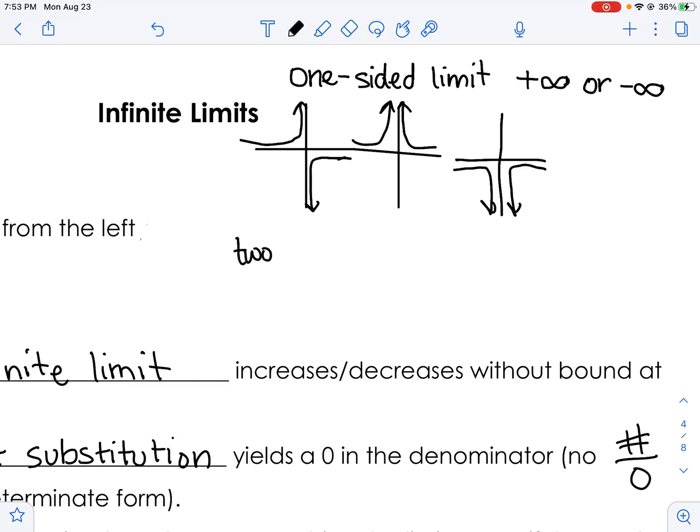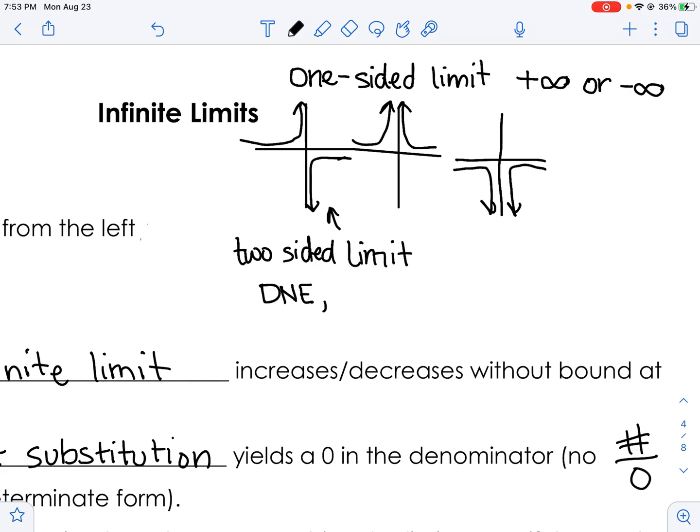But when we look at the two-sided limit, this is where it gets a little bit trickier, because we no longer just have two options, we have a third option. In this first example, if my limit from the left is not equal to my limit from the right, then the limit does not exist.